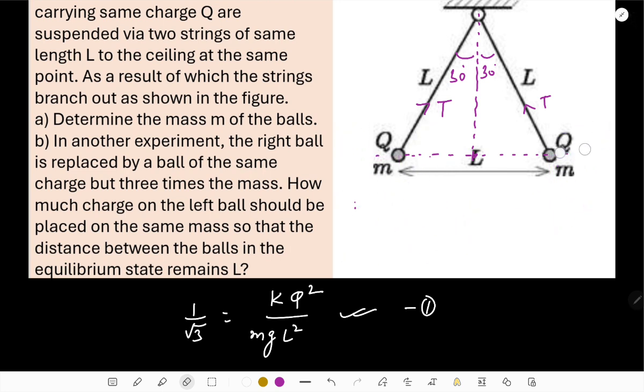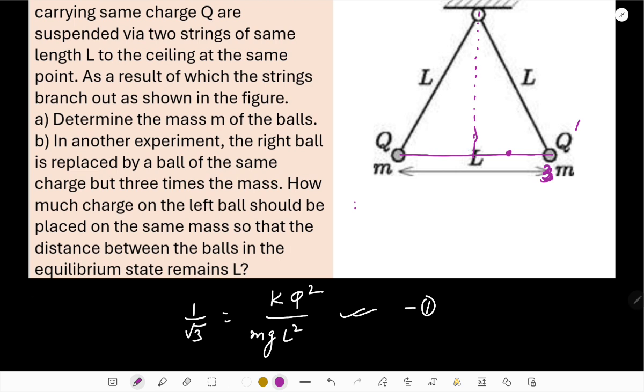I am worrying about another experiment, a different one. In this experiment, this mass has been changed to 3m, and the charge on it needs to be replaced so that the distance between them should be L. But one thing is worrying me: the center of gravity now will shift towards 3m. The center of mass will lie closer to the 3m, and this should be right beneath the point of suspension on this line.